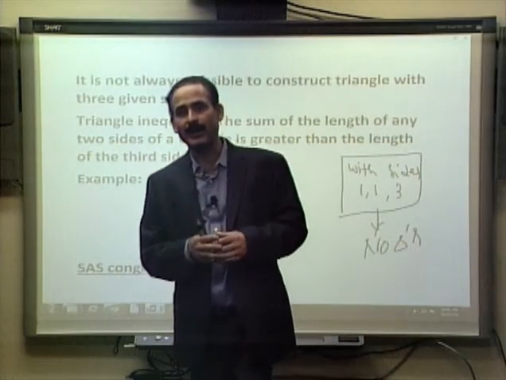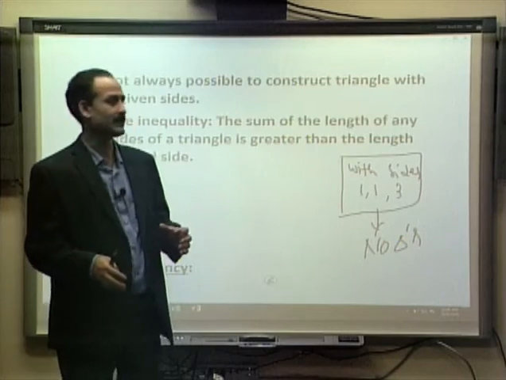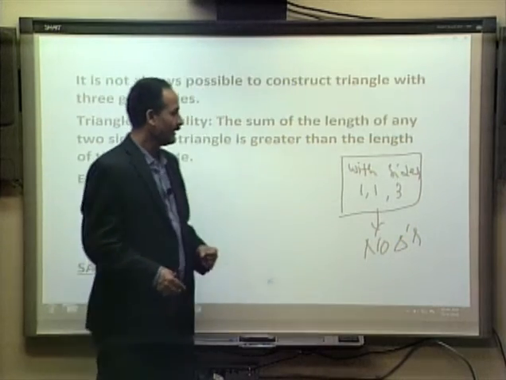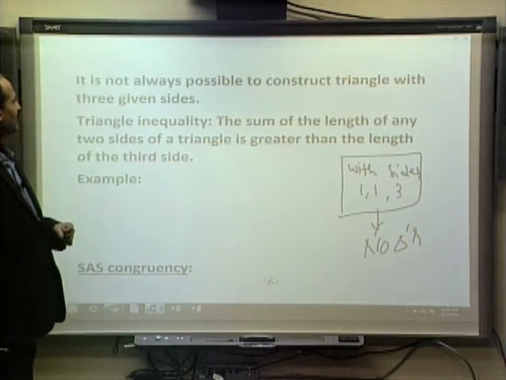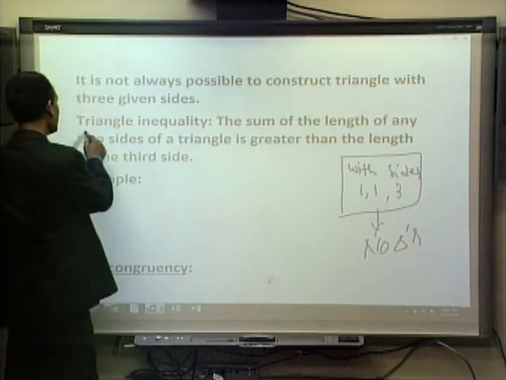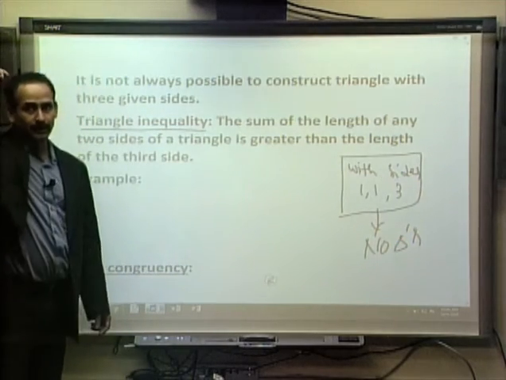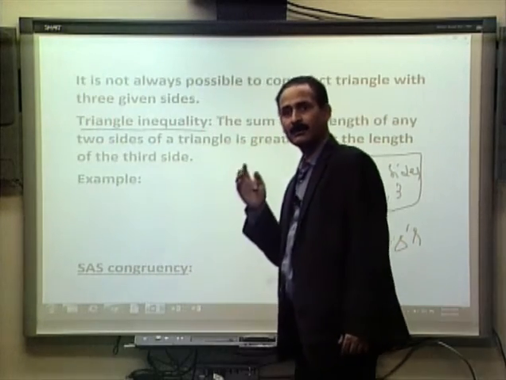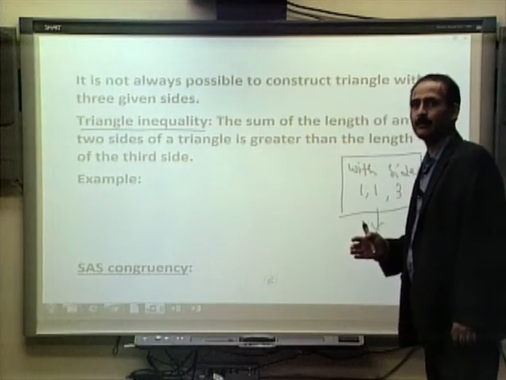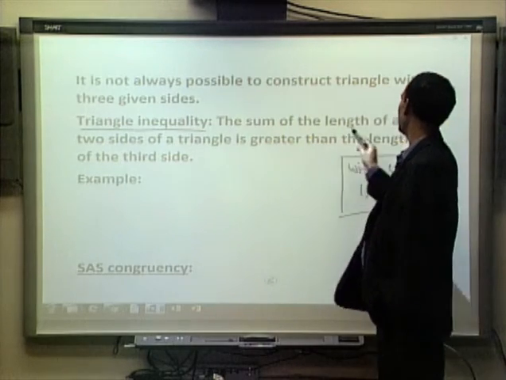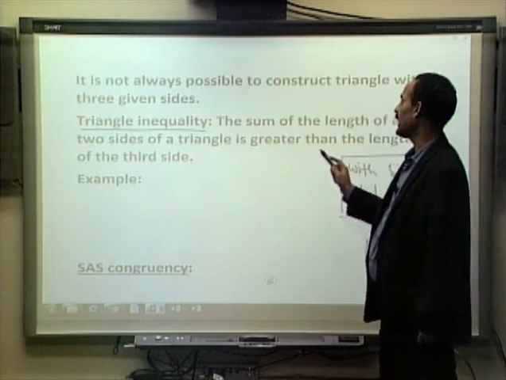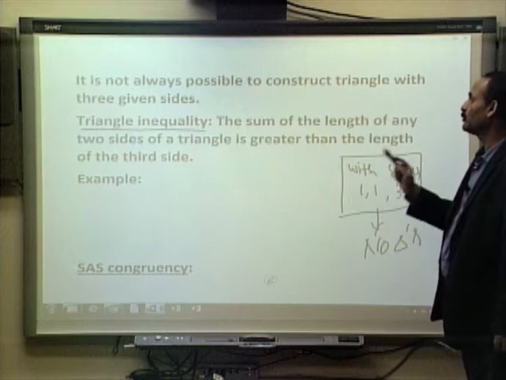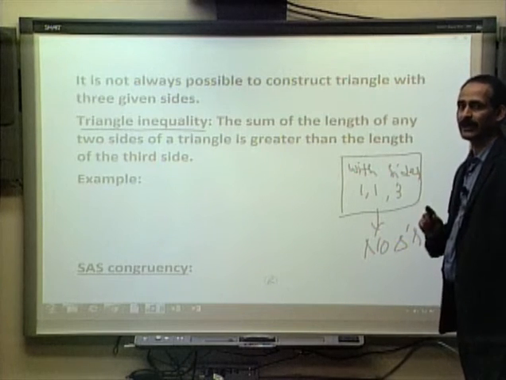And the reason we cannot construct a triangle with this dimension is we have a very popular fact in geometry called triangle inequality. According to this triangle inequality, the sum of the lengths of any two sides of a triangle should be greater than the length of the third side.